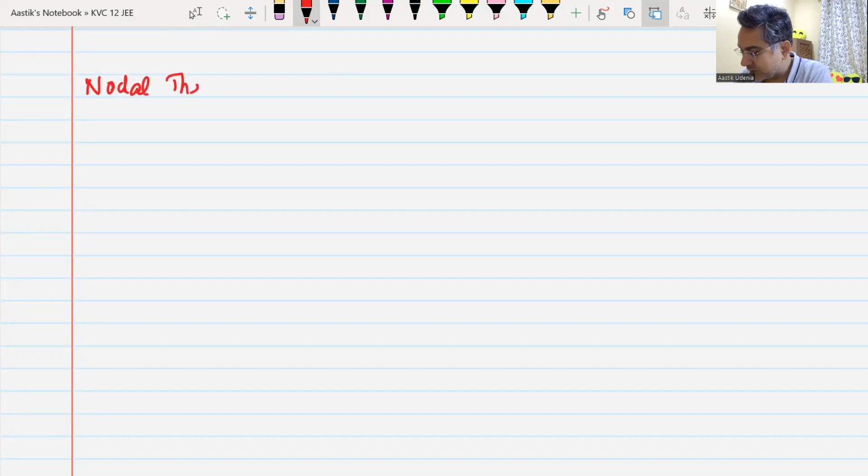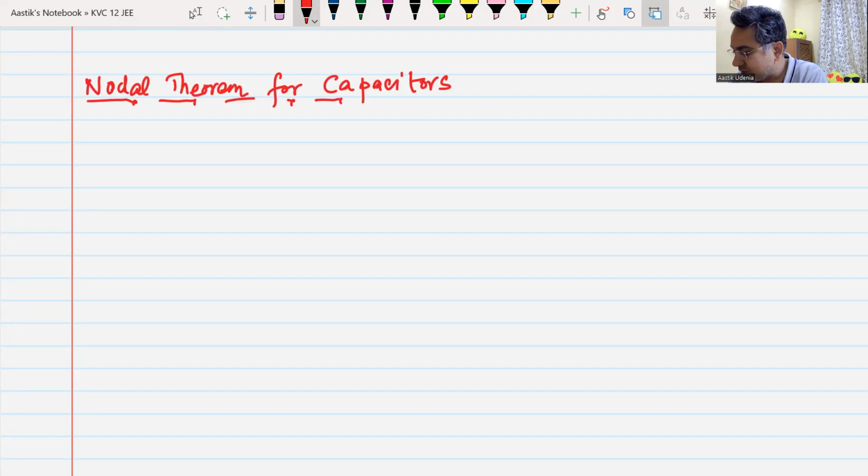Nodal theorem for capacitors. First, understand, and then I will give you time to note it down. Don't worry. How we can apply Nodal theorem for capacitors.